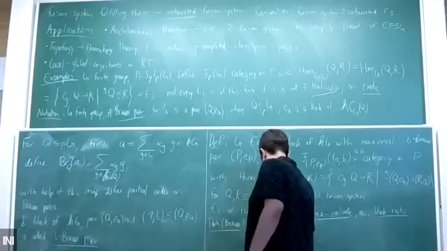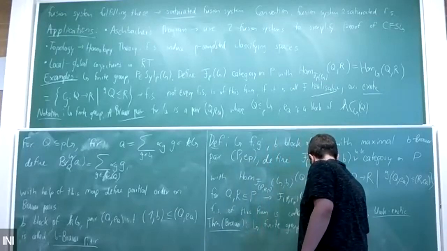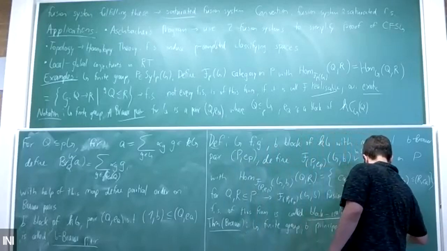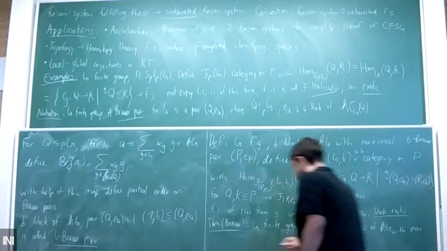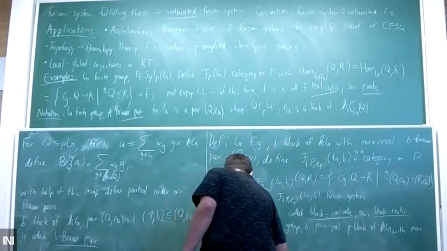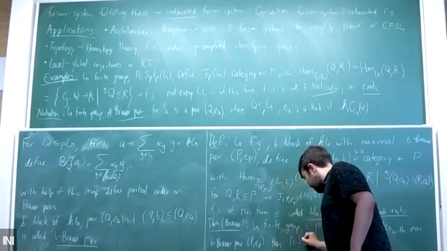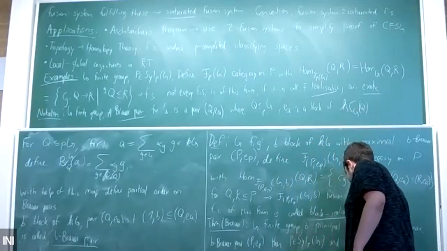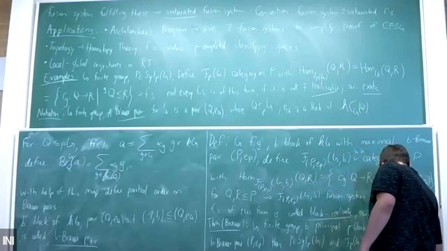So if we take G to be a finite group, we take B the principal p-block of KG with maximal B-Brauer pair (P, e_P), then it turns out that P in this case is a Sylow p-subgroup of G. And if you look at the category F_P(G), then this is the same as the category F_(P,e_P)(G, B).